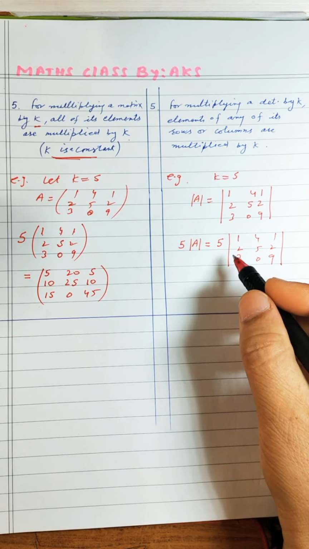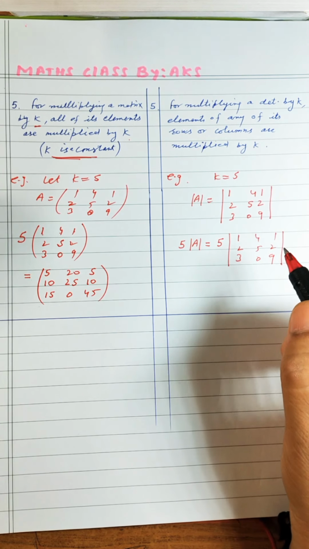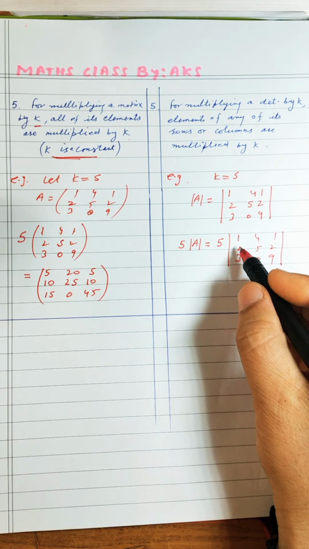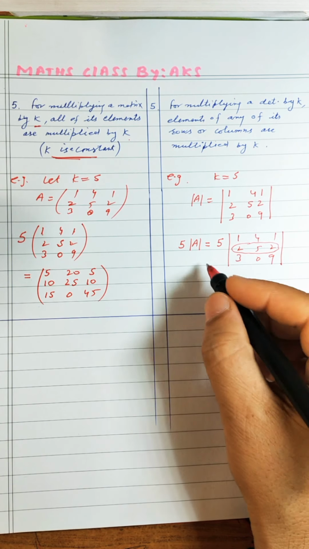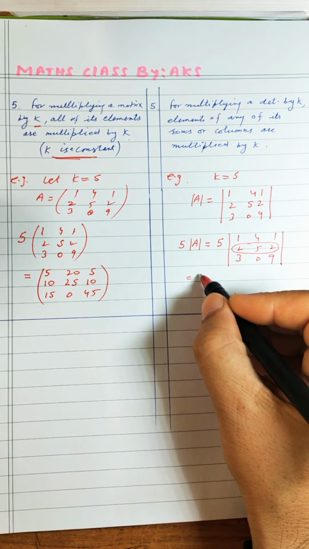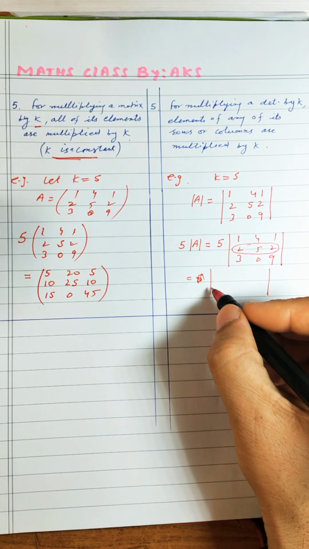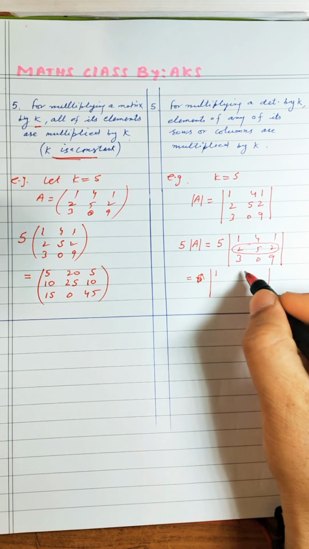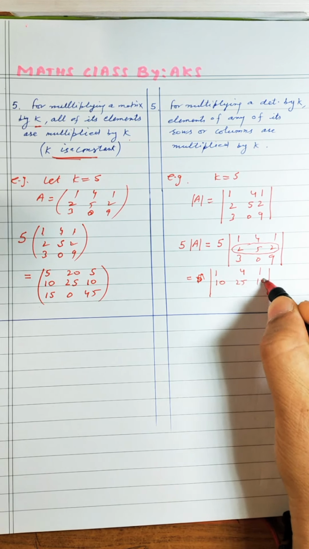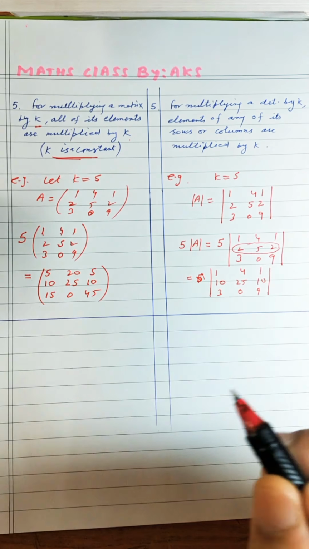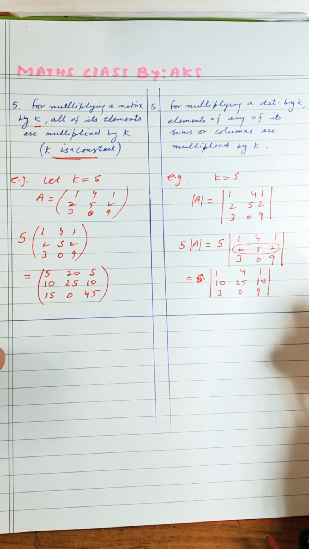In this case, we will multiply any one row or any one column. We are multiplying this R2 by 5. What is left? 4 1 1, 4 1, 10 25 10, 3 0 9. So we can multiply any one row or any one column.